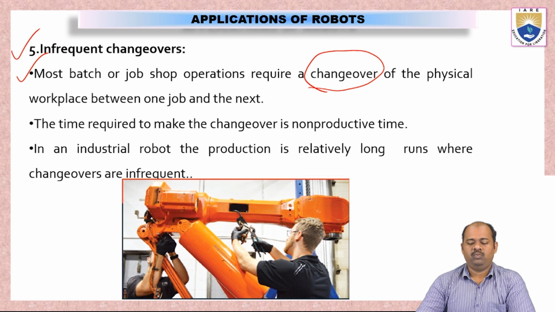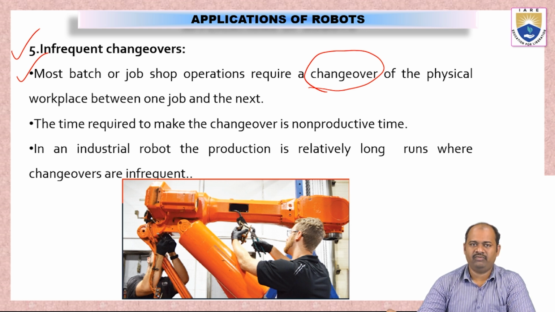And in an industrial robot, the production is relatively long runs where changeovers are infrequent. When we are using robots in the industry where there are no changeovers at all for a particular time, or they require very small changeover time, then we can get the maximum possible outcome from the robots.